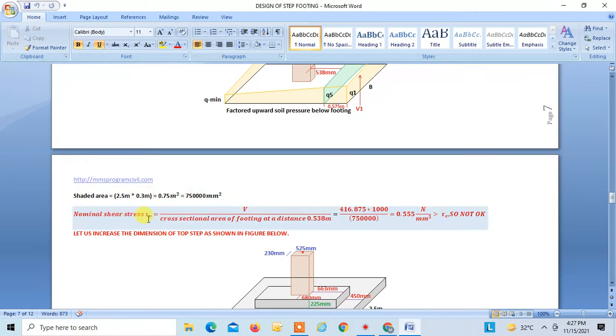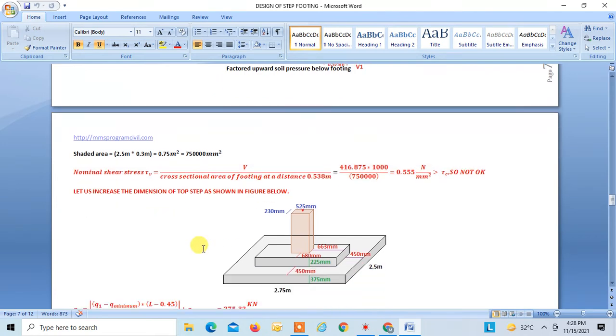Find the nominal shear stress, that is V divided by area of the shaded section, which is equal to 0.555 Newton per mm square. This is greater than tau c. Tau c is 0.36 Newton per mm square. So this is not okay. This is not allowable. So we will have to change either the percentage of steel, or increase the depth of the bottom step.